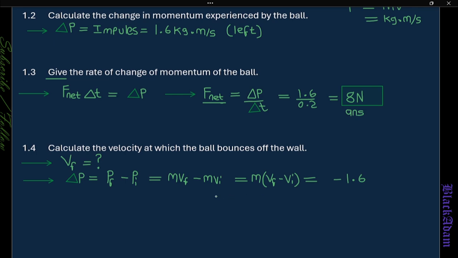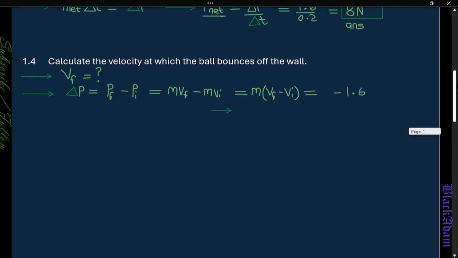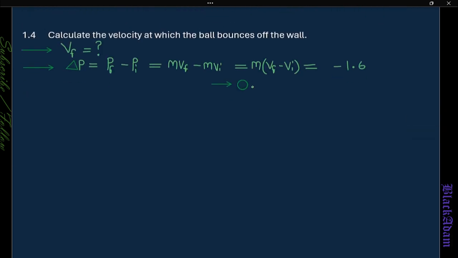Our mass is 0.04, our initial velocity is 25 positive, and our final velocity we don't know: 0.04 times final velocity minus 25 equals negative 1.6. We divide both sides by 0.04, so that cancels.